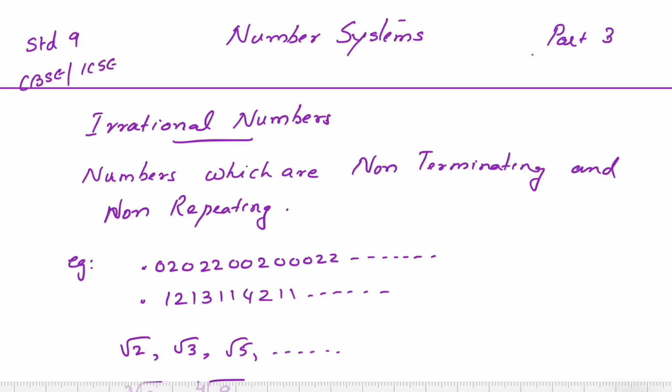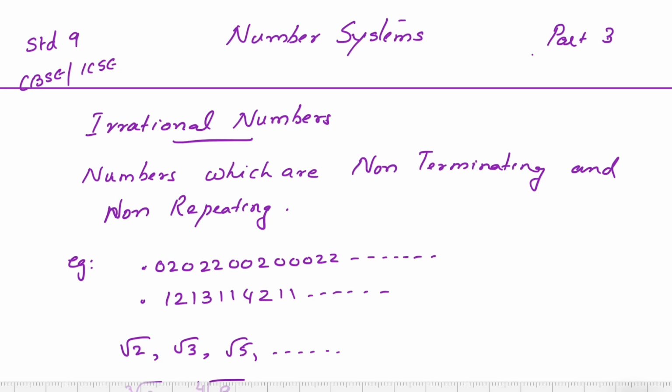We said rational numbers are numbers which are either terminating or non-terminating but recurring. But irrational numbers are numbers which are non-terminating and non-repeating, or non-recurring. For example, 0.2022002000222. Those 0s and 2s are repeating, but there is no proper order.